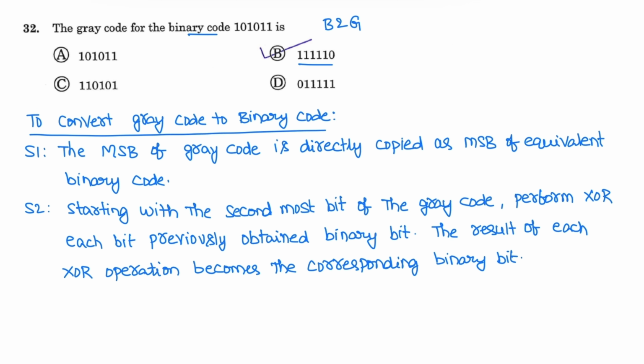Once again, the binary code is 101011. This is a binary code. Take the MSB bit as it is and perform XOR operation between two bits.